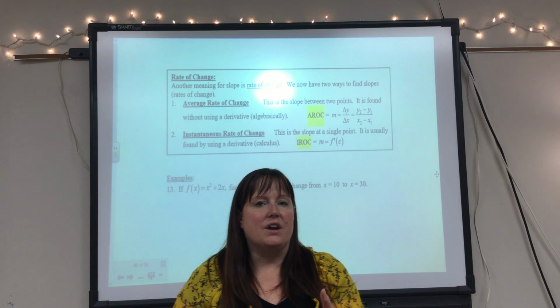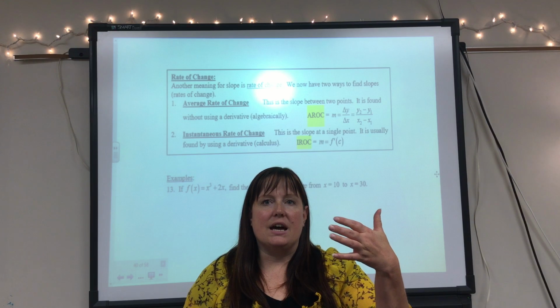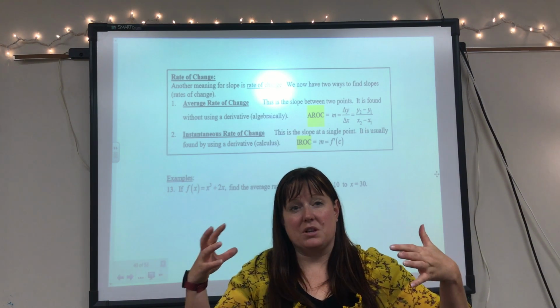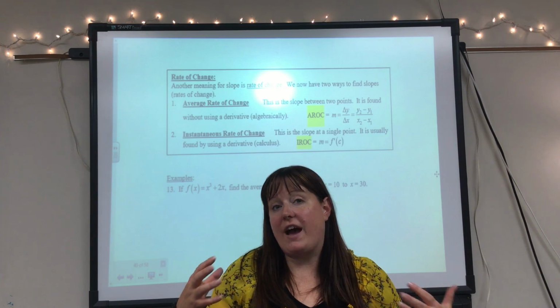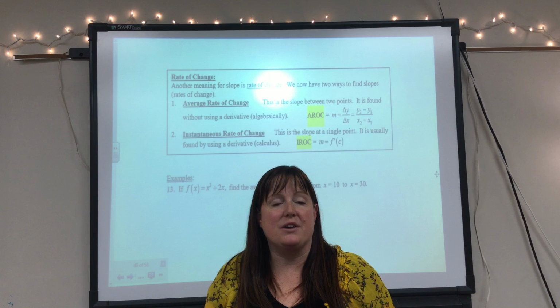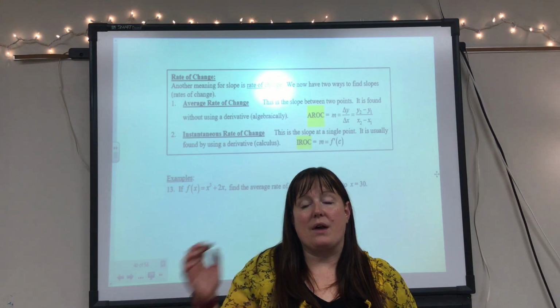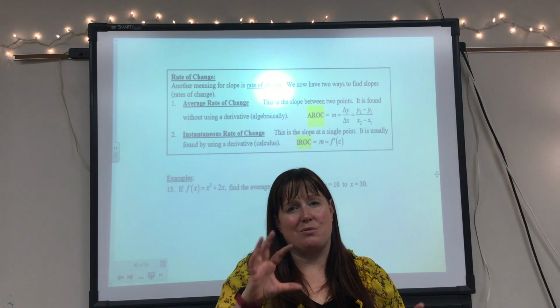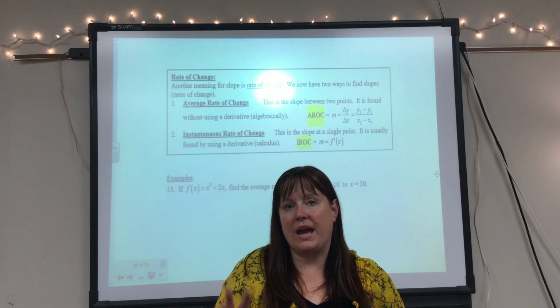So I would take my change in miles and my change in time, and I would compare those to figure out how fast I went on average. I would figure out, oh, I averaged about 70 miles per hour. So the change in miles over the change in hours tells me how fast I actually went.